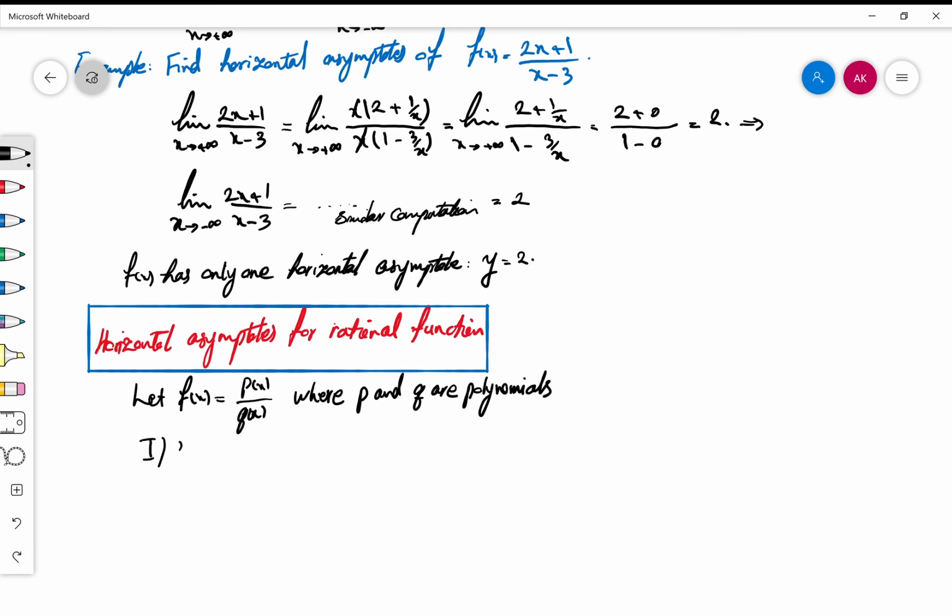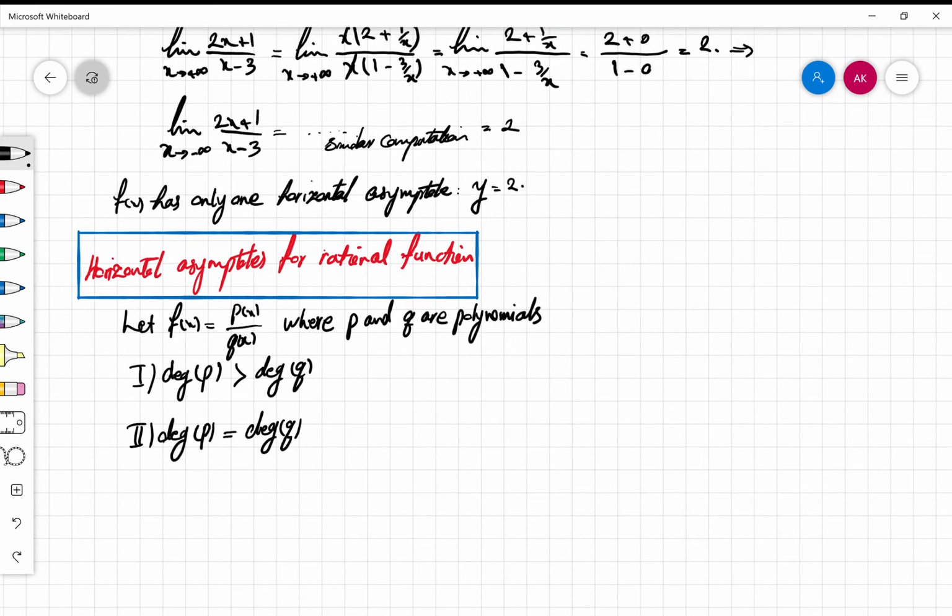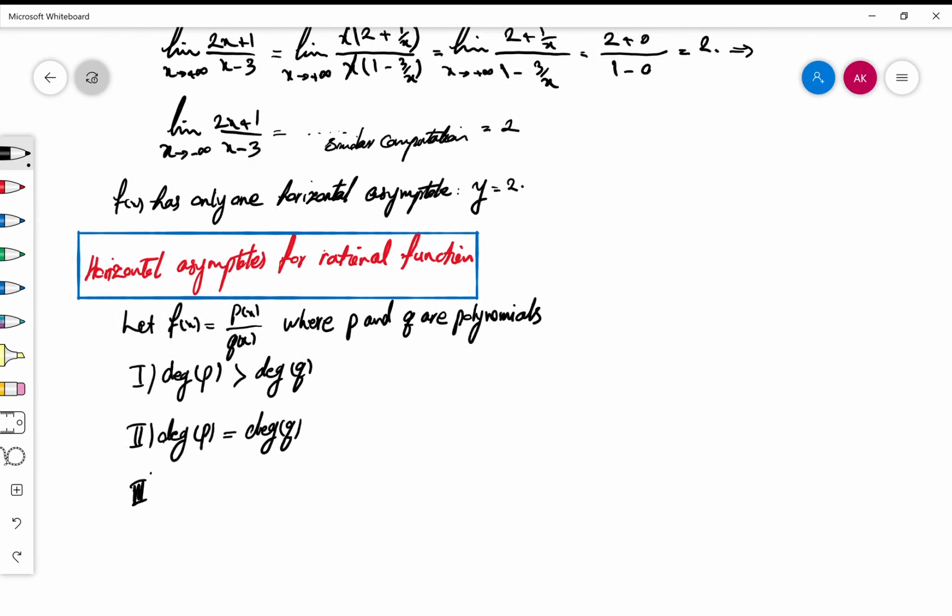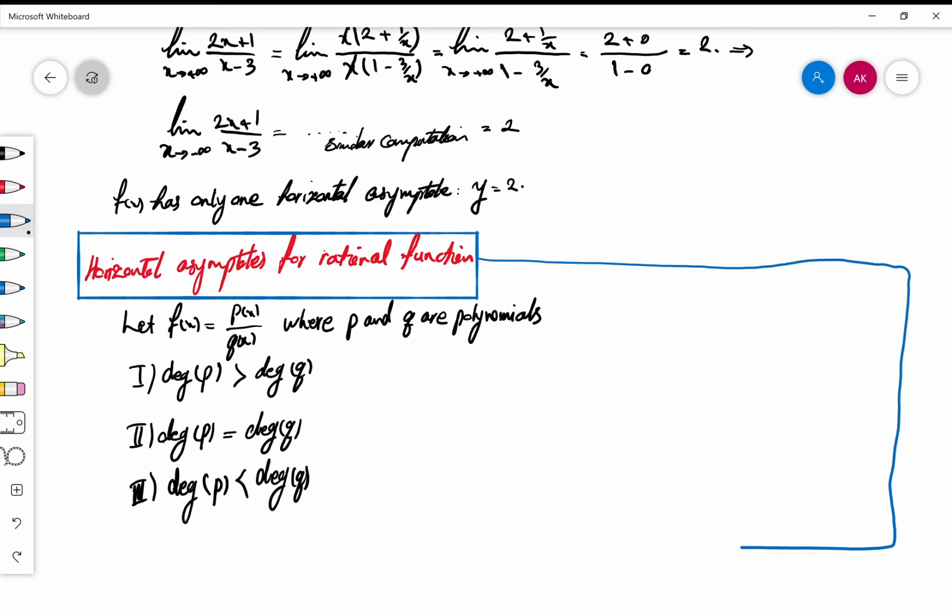One, the degree of p is bigger than the degree of q, or the degree of p is equal to the degree of q, or the degree of p is less than the degree of q. These are the three possibilities when it comes to horizontal asymptotes of rational functions.